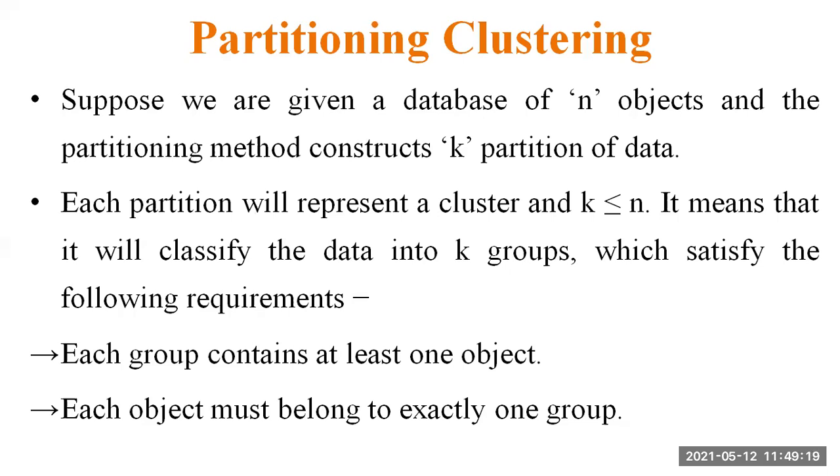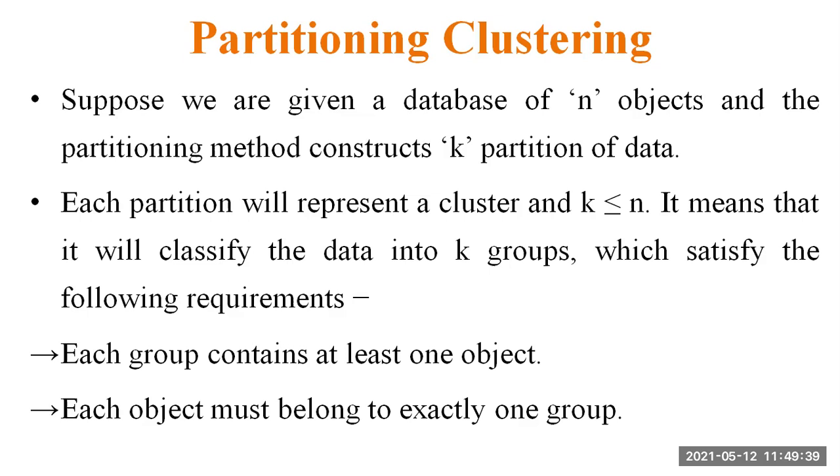The next point: each object must belong to exactly one group, because we are talking about partitioning clustering, which is a hard clustering concept. Whenever we are talking about hard clustering, each data point should belong to only one group or one cluster.